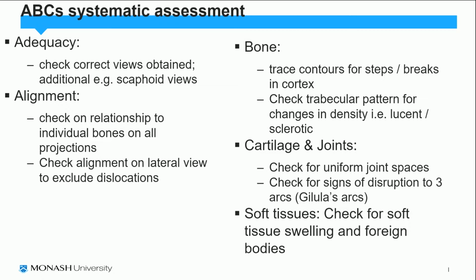Again, when you get to the bone, you need to search for steps or breaks in the cortex and then also check the trabecular patterns for changes in density. As there are a number of joints, it's really important that you check for uniform joint spaces. So check for signs of disruption to the three Gilula's arcs, and then in the soft tissue, check for soft tissue swelling or foreign bodies.